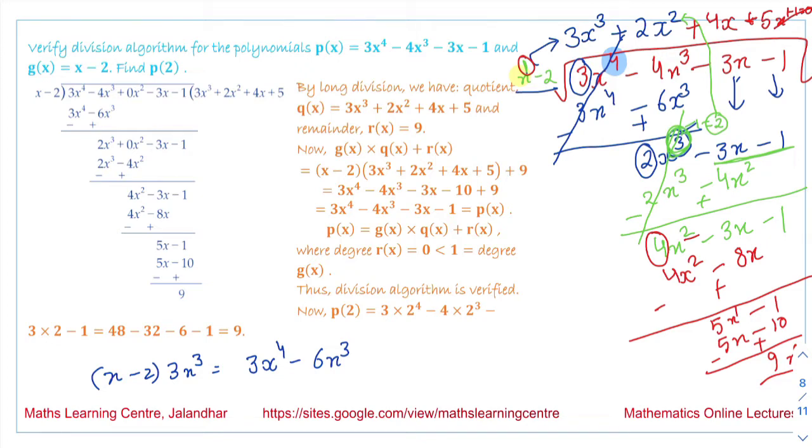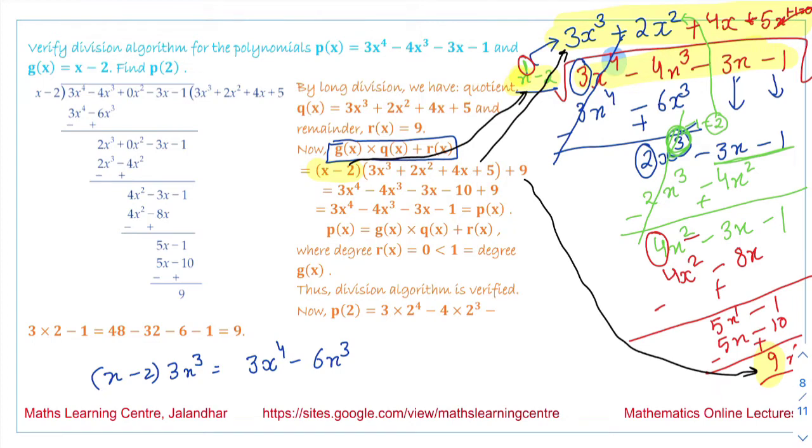So what we obtain from this is that this is the value p(x), this is the value g(x), this is q(x), the quotient, and we have the remainder 9. So when we substitute all these values in the division algorithm, we have x minus 2, then the quotient plus the remainder.